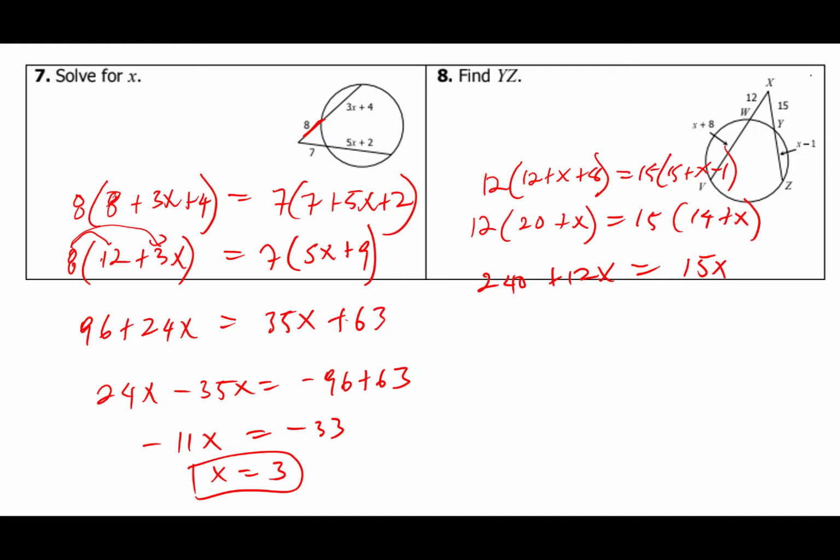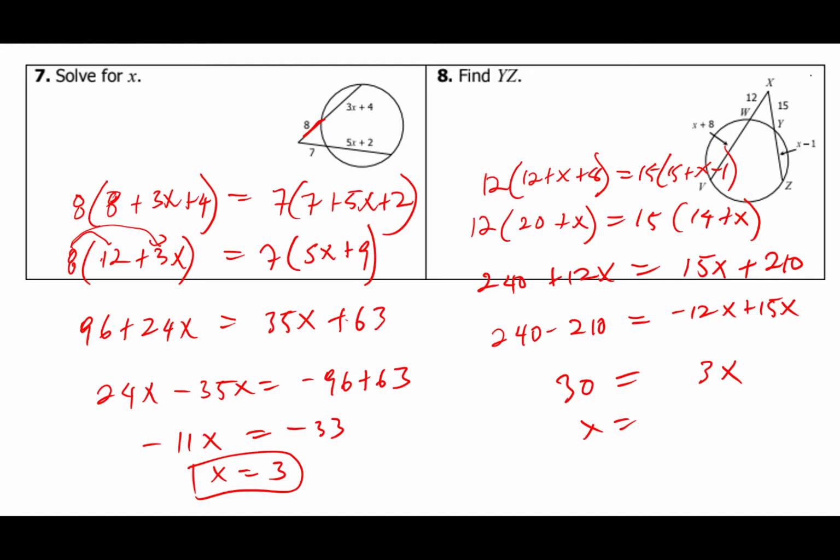Here, let me just write the x first. 15x. 15 times 14 is going to simply be 210. Now all I simply need to do, I can bring the x to the right. So this is going to be 240 minus 210 equal to minus 12x plus 15x. That will give me simply 30 equal to 3x.